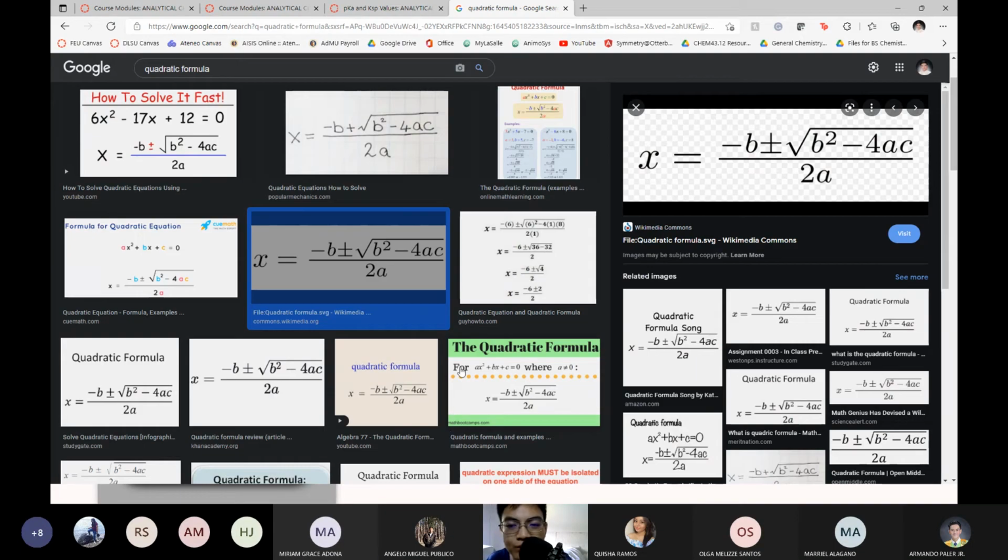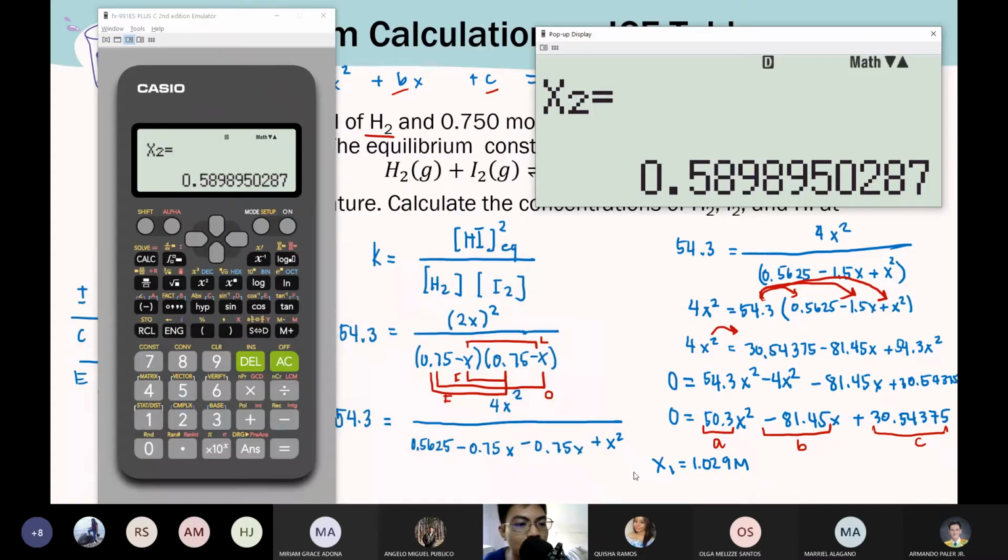This is the value when the sign is negative. So earlier was the positive one, and now it's the negative one. Okay? So 0.590.